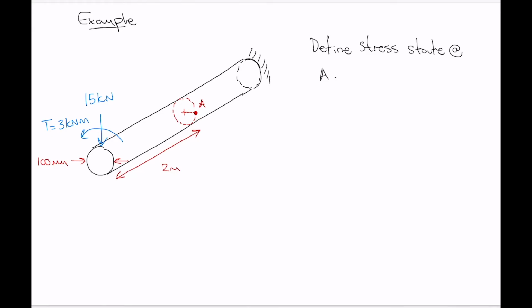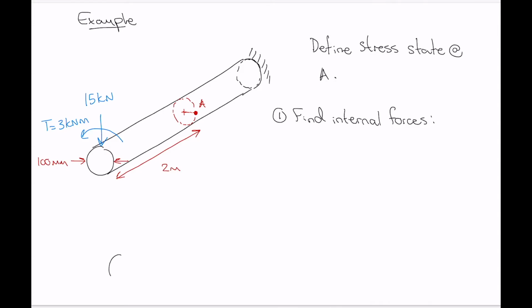So the first step is to find the internal forces at the location of A. To do this, we're going to take a section cut through point A, and we'll put on our internal forces there.